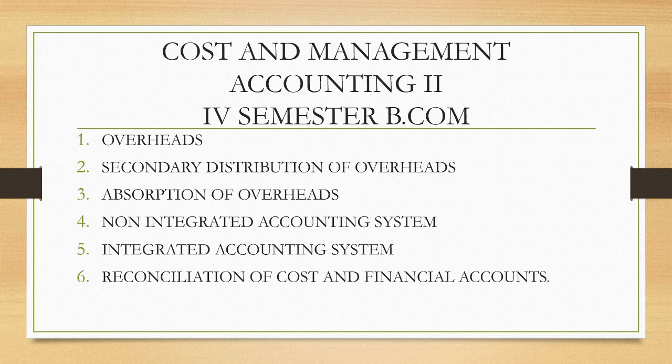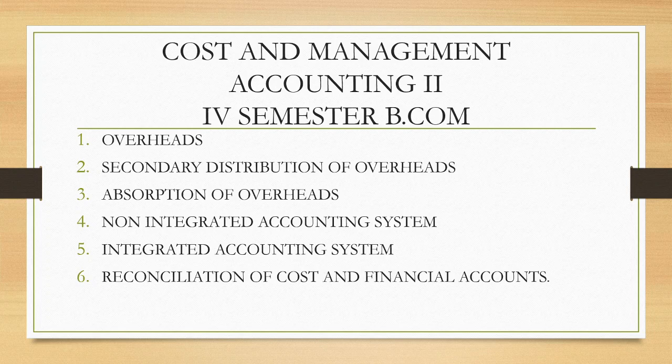Now, the fourth chapter, Non-Integrated Accounting System, here different sets of accounts are maintained for cost as well as financial accounts. And in case of Integrated Accounting System, the same set of books is maintained for both cost and financial accounts. And the sixth chapter is Reconciliation of Cost and Financial Accounts, which arises in case of non-integrated accounting system, that is when separate sets of books are maintained for cost and financial accounts.